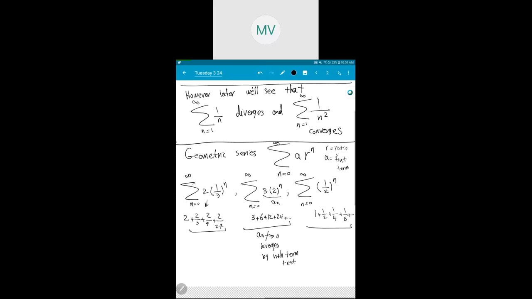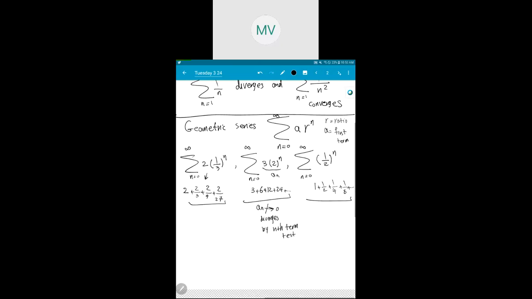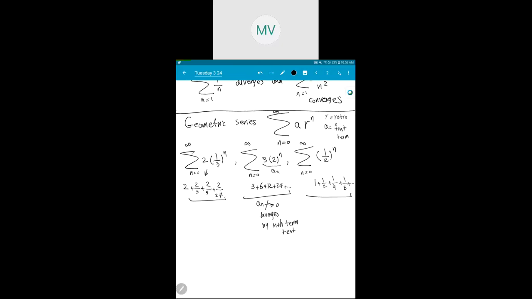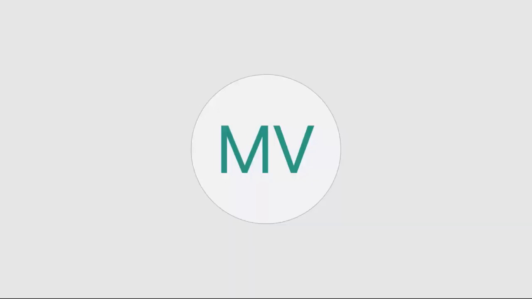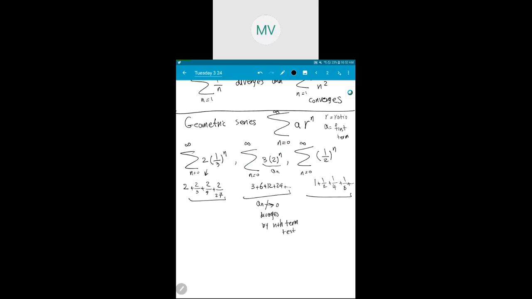All right. But it seems like the other two might converge, because the ratio is less than 1. I like that statement. That's a very good observation. The ratio is over 1, so it's growing, right? In the other two, if you look at the terms, you go from 1/2 to 1/4, so the terms are getting smaller and smaller.